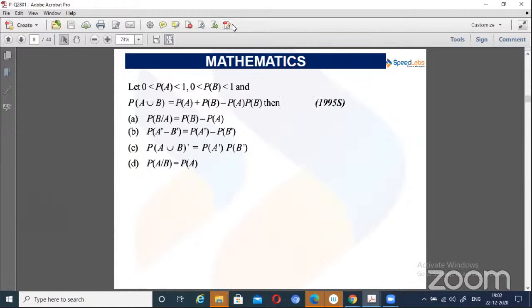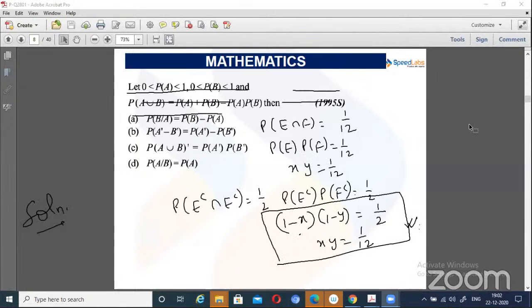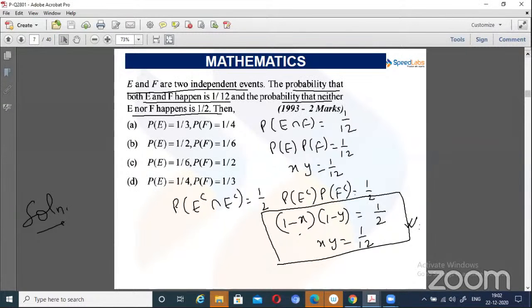Sure. Yes. Isn't it E complement union F complement? For which one? The first one. The probability that both happen. Neither E nor F happens. Isn't that E dash union F dash? Neither E happens nor F happens is equal to.